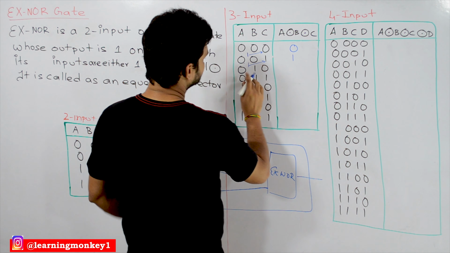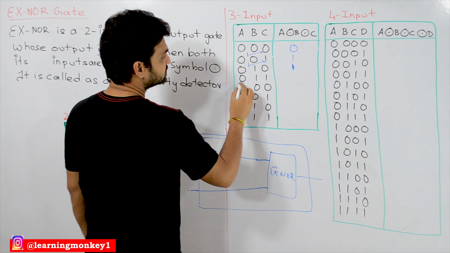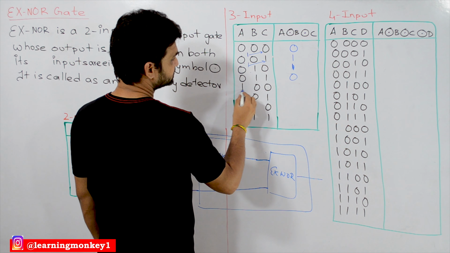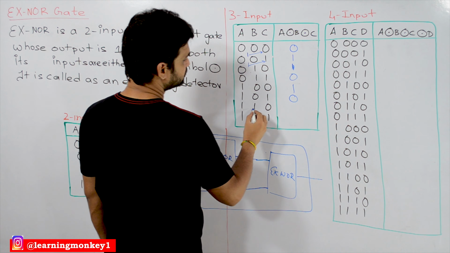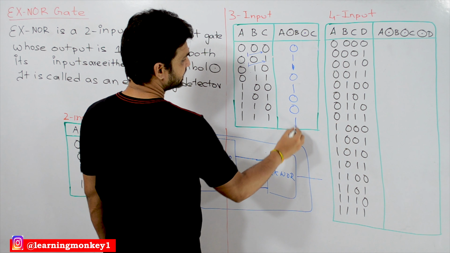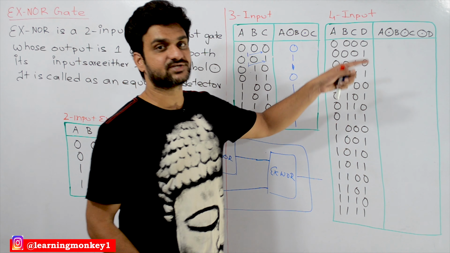Sorry, it is going to be a 0, it is going to be 1. Okay, so this is a 0, this is a 1, this is a 0, this is a 0, and this is 1.